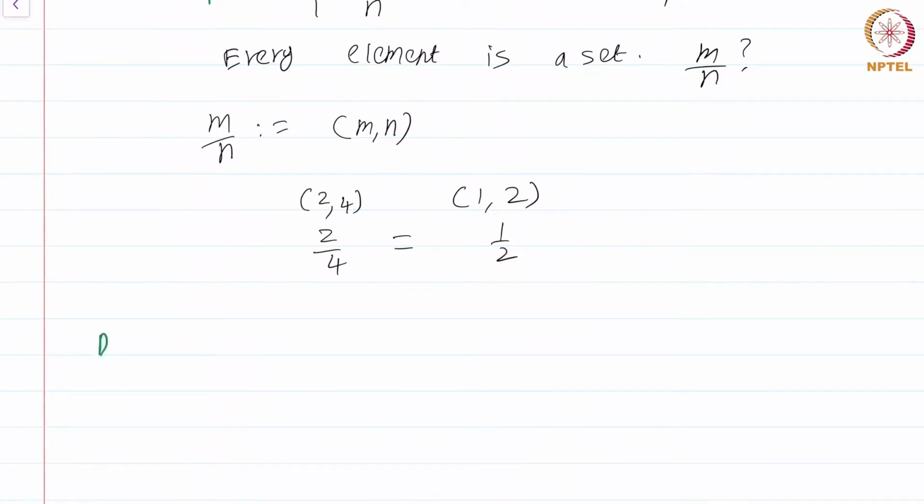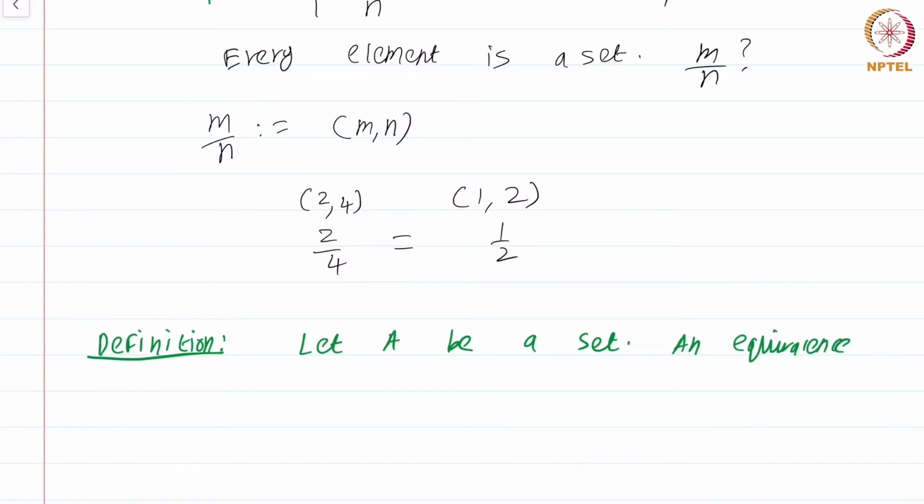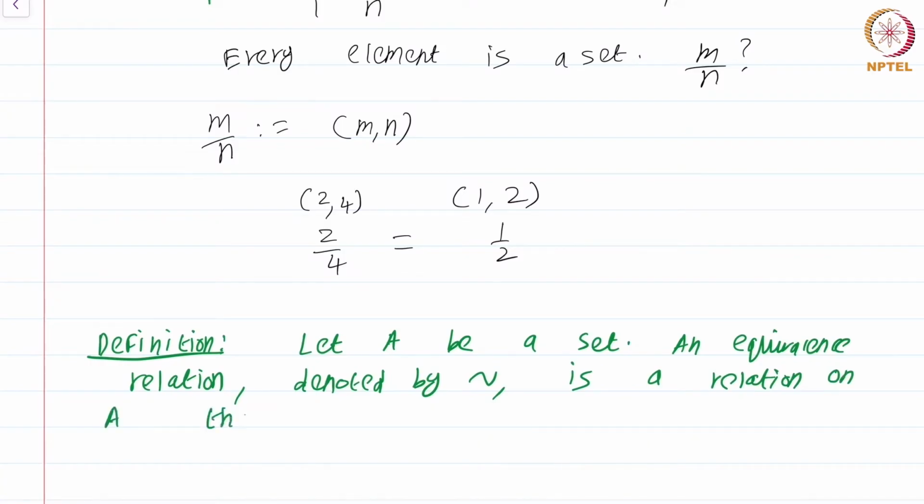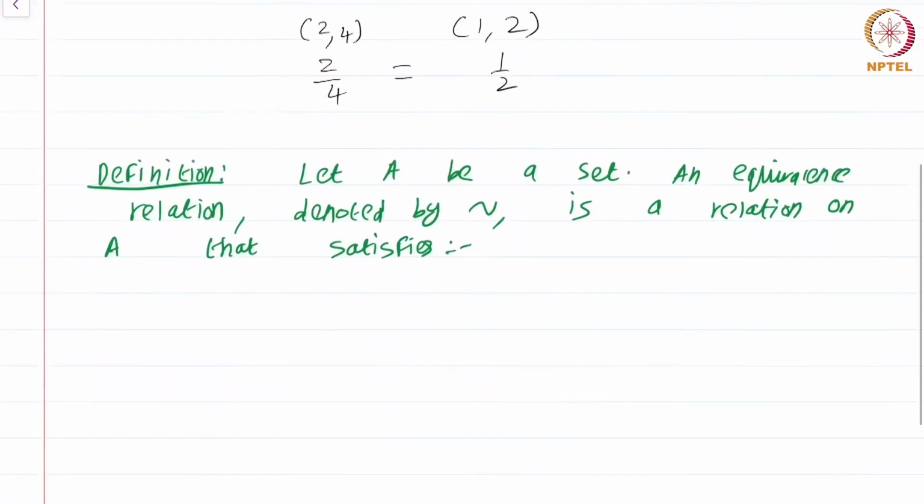So, definition. Let A be a set. An equivalence relation, which we will usually denote by this tilde, is a relation on A that satisfies the following three properties.